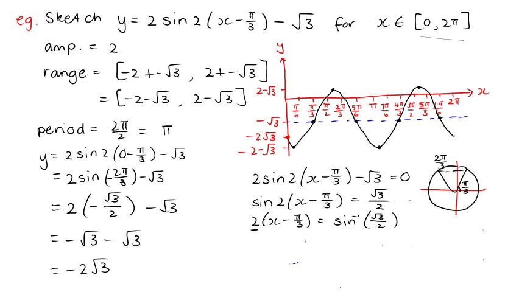Now if we've got to go all the way around, we get 2 pi plus pi on 3, which is 7 pi on 3. So let's just write these in. We're getting pi on 3, 2 pi on 3, 7 pi on 3. Keep going. We're all the way around. 2 pi, 7 pi on 3, 8 pi on 3.